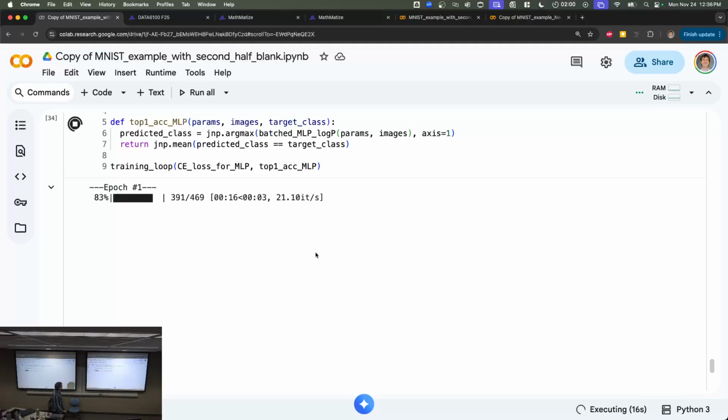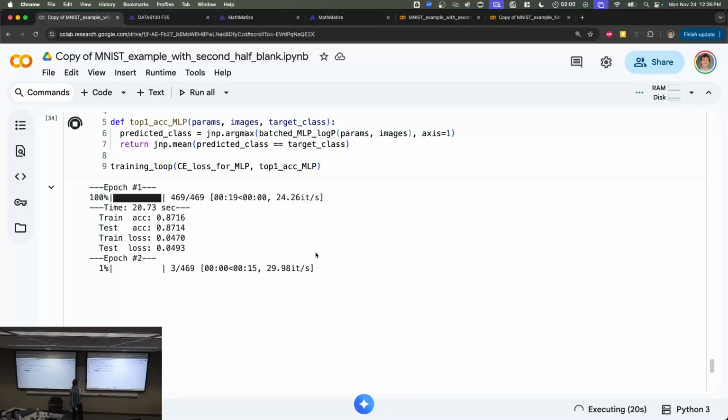Yes, I suppose at this point in time, you can wonder, how much better is it going to get? Adding 1 layer, does that help a lot? 87%, that's about the same. Let's see, if we do even more, is it going to get even better?